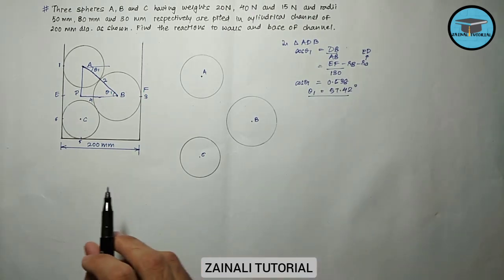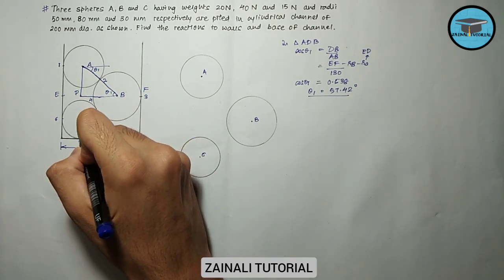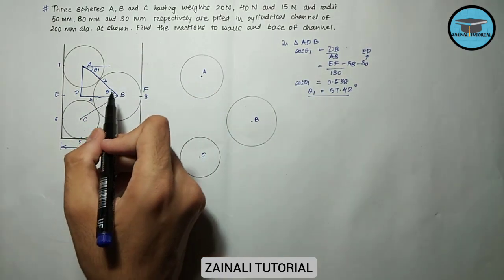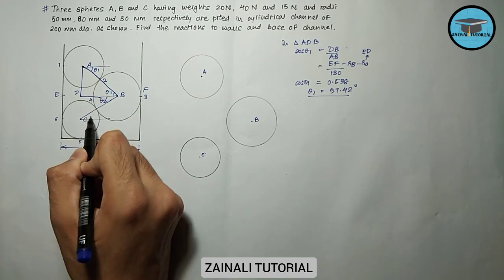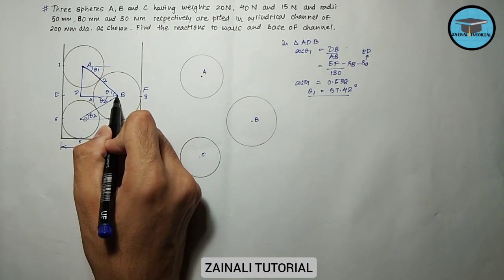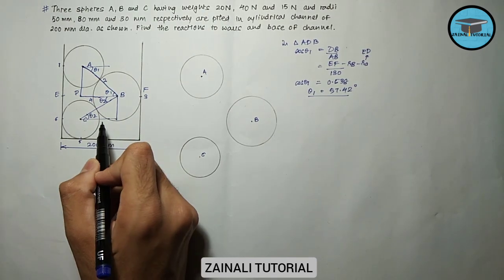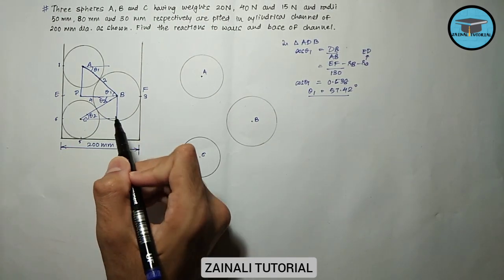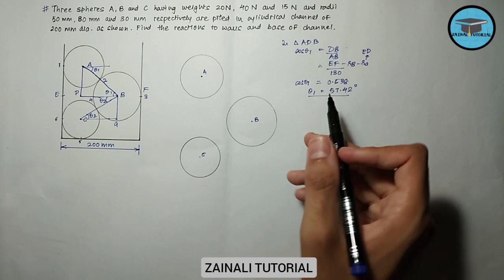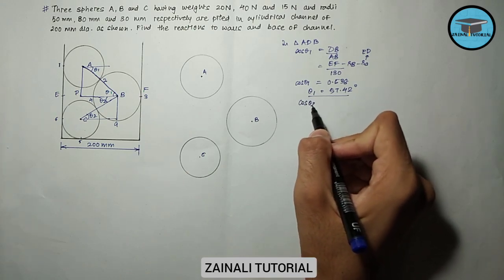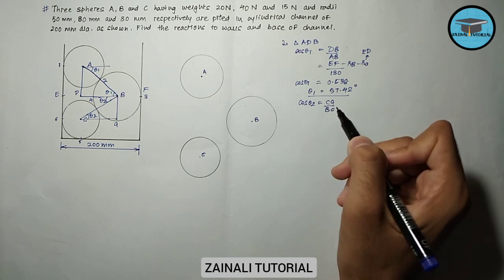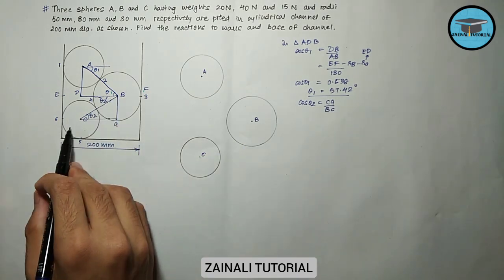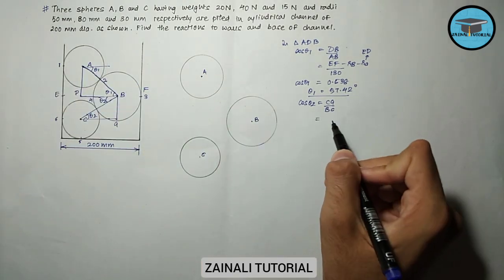Okay, similarly we will join this center C with B. Let us say this angle is theta 2. Similarly this angle would be theta 2 only. We are dropping this perpendicular like this, naming it as G. So from this again, cos of theta 2 is nothing but CG divided by BC. BC, we know, is RB plus RC, that is 110 mm.